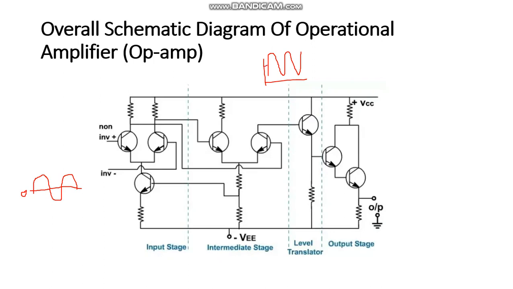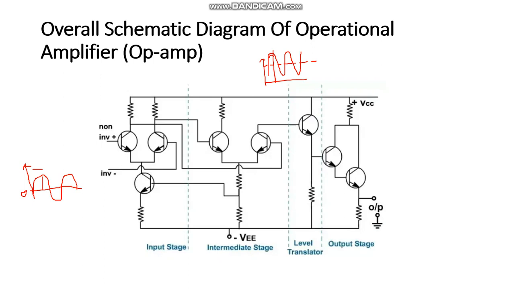This is the DC level we will get, and this is the amplitude of the signal.